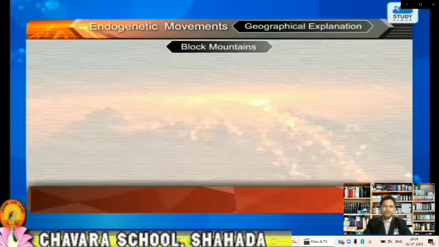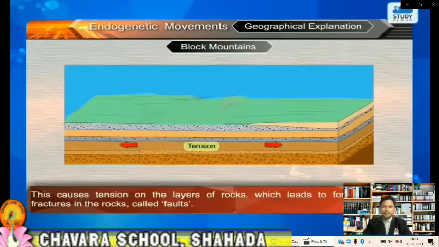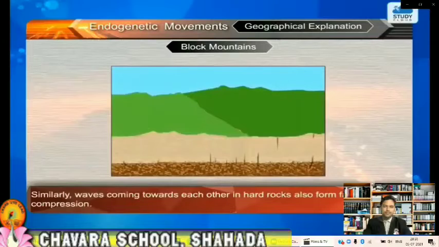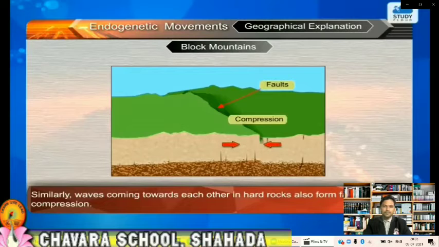Block mountains. Because of internal movements, horizontal waves moving away from each other are formed. This causes tension on the layers of rocks, which leads to formation of fractures in the rocks called faults. Similarly, waves coming towards each other in hard rocks also form faults due to compression.